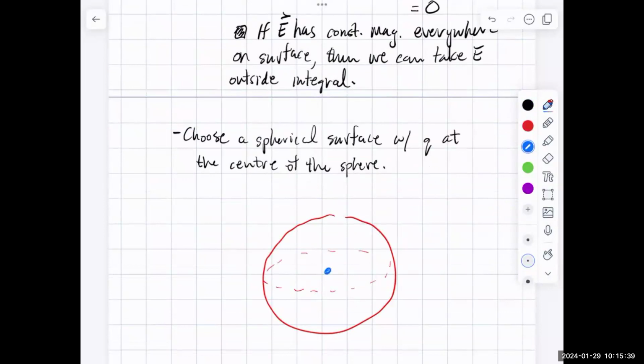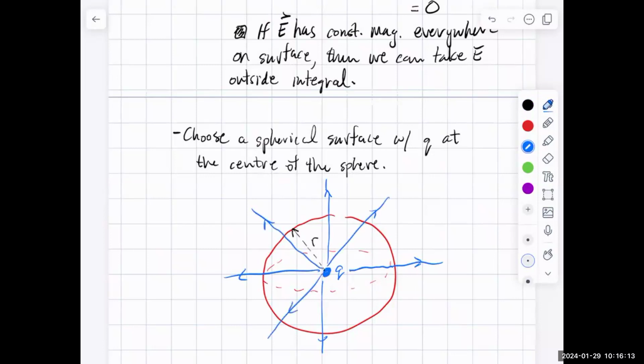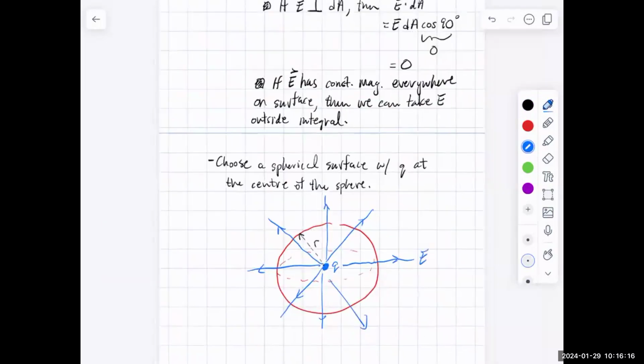And then our charge Q is going to be sitting here at the center, like so. And so there is a distance R between Q and the surface of the sphere. All right, so if I was to draw the electric field due to this point charge, it's going to be radial. And so if it's a positive point charge, it'll be radial and pointing away from Q. And so I'll just draw a few of these lines. Okay, and so here is the electric field.